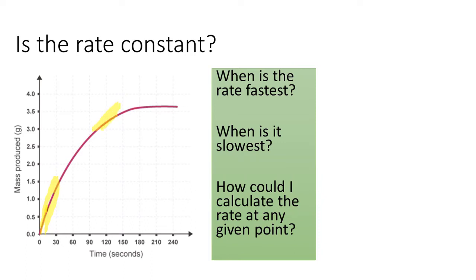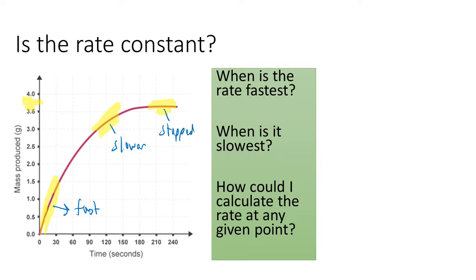Whereas this bit up here, it's slowed down, and this bit here, well, nothing else is being produced over this side, so that means the reaction has stopped. So we go from here, we have a fast reaction. Here, it's slower. And here, it's stopped.